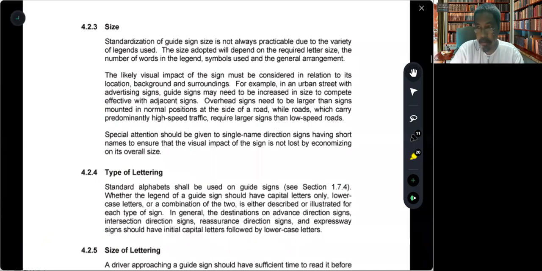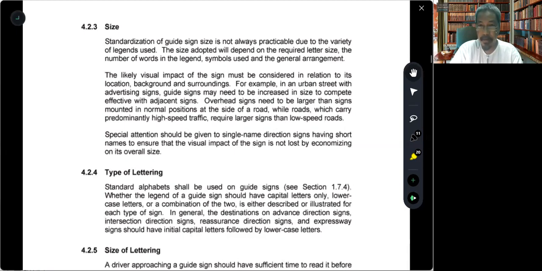So there is very little standardization, particularly because of these reasons. Special attention should be given to single name direction signs having short names, to ensure that the visual impact of the sign is not lost by economizing on its overall size. So economy is not a priority when designing signs.